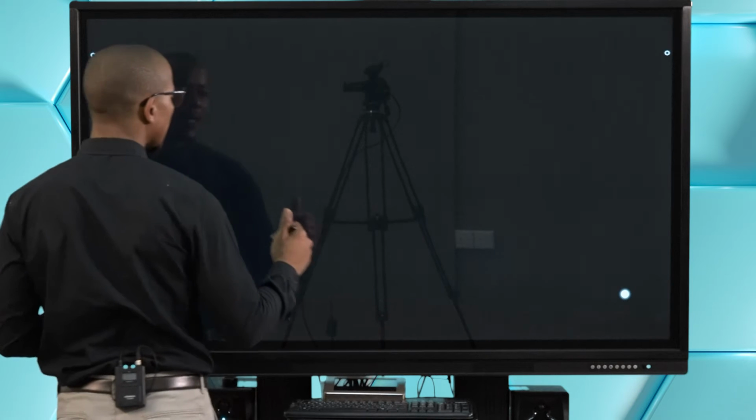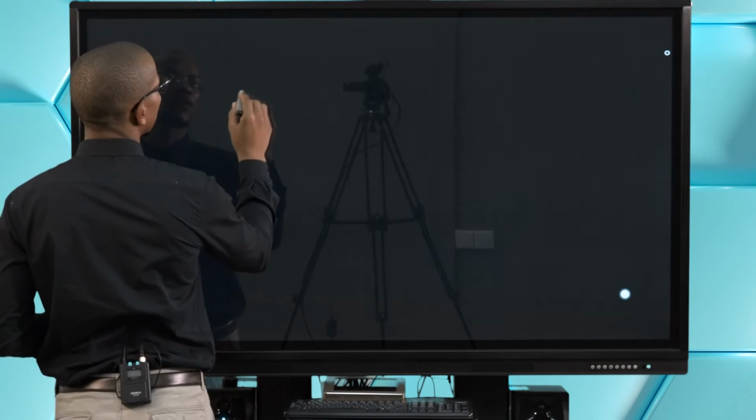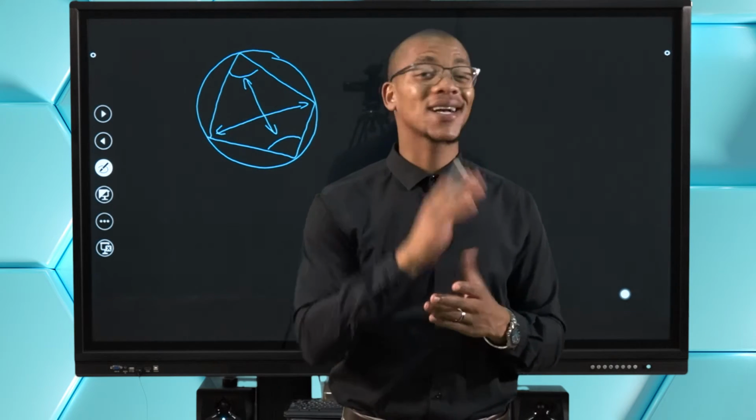So the big idea here is that if I have a circle like this and I have a quadrilateral inside there, when I want to add this angle and that angle, you saw our investigation says that they need to amount to 180. If I want to add that angle and that angle, they also need to amount to 180. But we're going to then try and classify this as a theorem when we come back from the ad break.